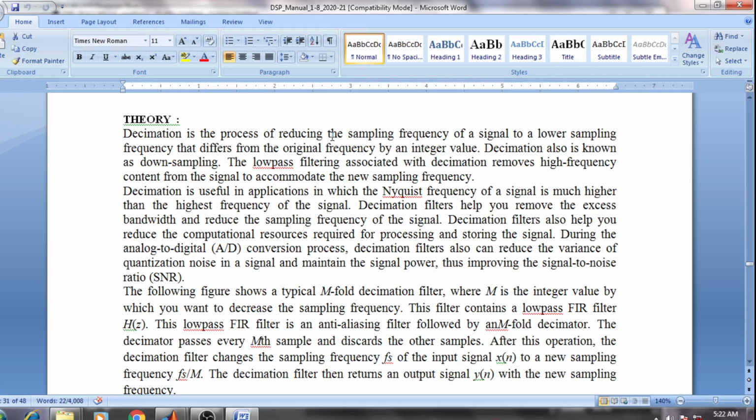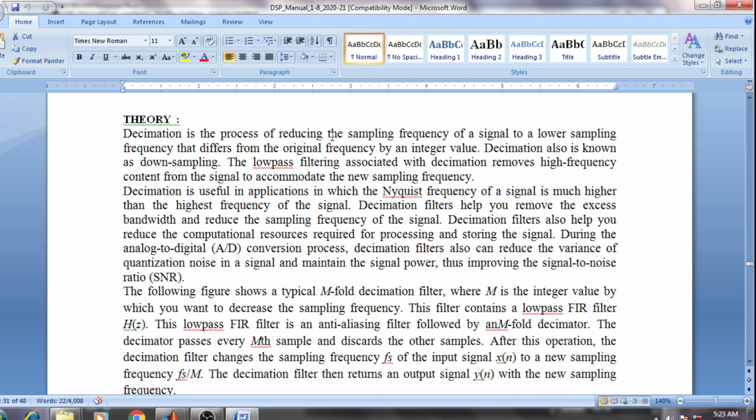So this is the basic concept behind the decimation process. The low pass filter is associated with the decimation process, and it helps you to remove the content from the signal to accommodate the new sampling frequency.